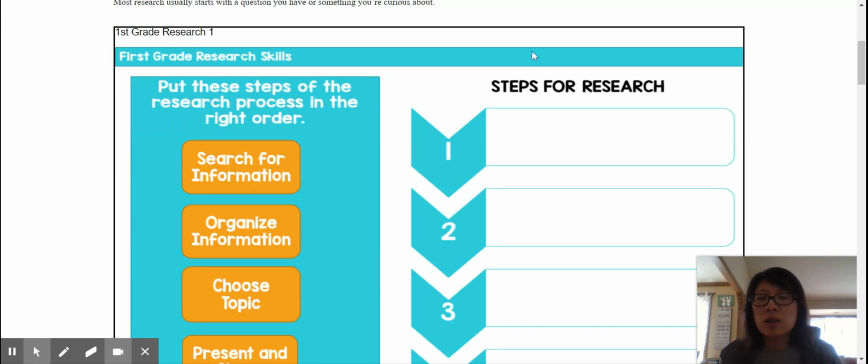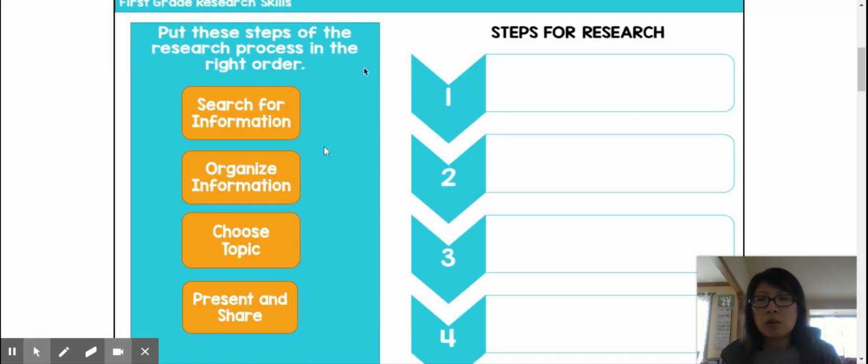So in this first little activity, we're going to talk about the steps for research. Again, research usually starts with a question that you have or something you're curious about. So these are the four steps. They're not in order, and it's your job to put them in order for me.